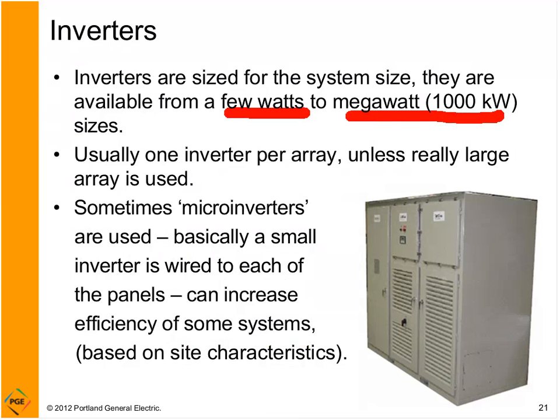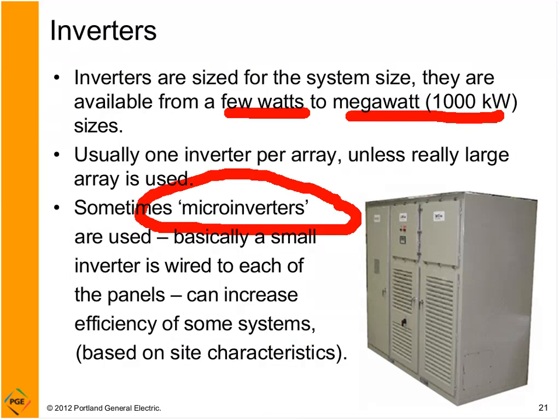Let's see, I should mention microinverters. This might be something you hear about from a contractor. Depending upon your site, a microinverter can be the way to go. Microinverters are where instead of one big inverter for a system, you attach an inverter to each individual panel. So a small inverter is wired to each of the panels. This can increase the efficiency of some systems based on your site characteristics.